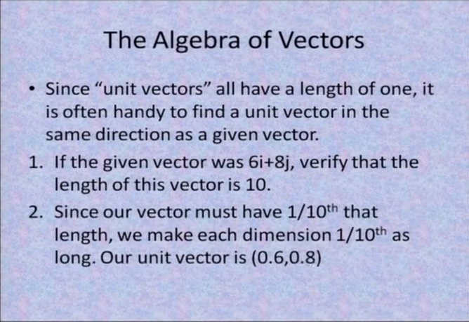You can certainly verify that. So our unit vector would be <0.6, 0.8>. If you do Pythagorean theorem on that, you will get 1.0 for the length of the vector, and it has the same relationship as the others did. The ratio between sides is still 6 to 8. So that's the position vector.